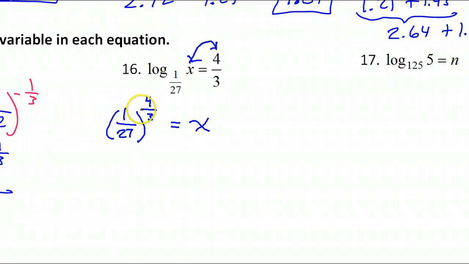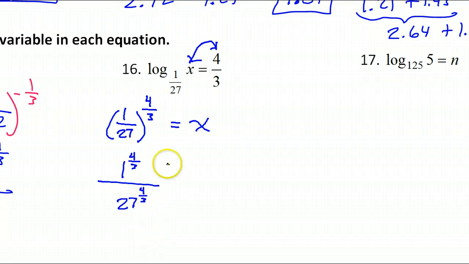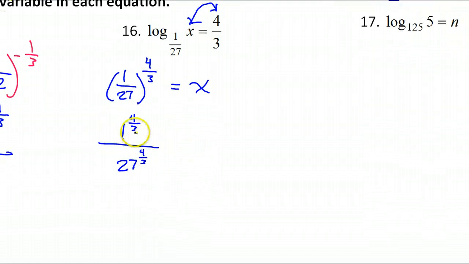Now look, if you take this 1 over 27, I'm just going to break this down for you. This would be the same thing as doing the 4/3 power to the 1 and to the 27 separately. That's important because any power of 1 is just going to give you 1, right? So this is just like having 1 over 27 to the 4/3 power.